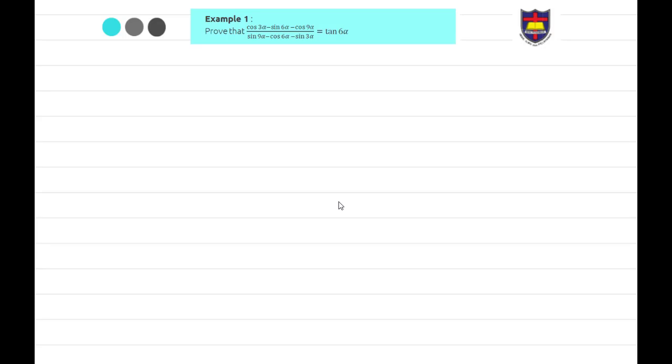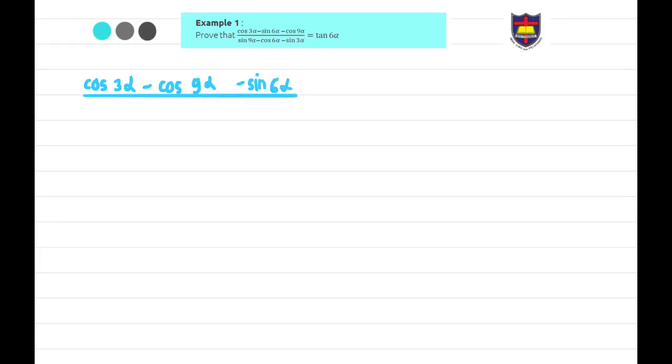Since I don't have cos A minus sin B, the option that I have is to make cos 3 alpha subtracted by cos 9 alpha and then put the sin 6 alpha later. And also I will subtract sin 9 alpha with sin 3 alpha and subtract it with cos 6 alpha.